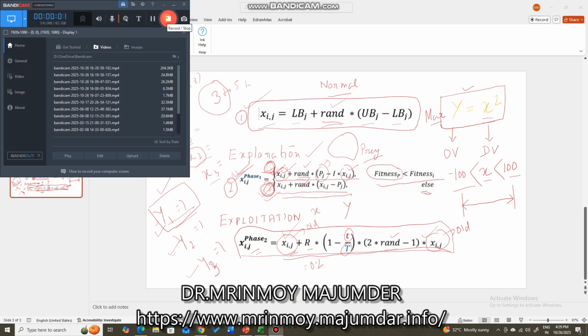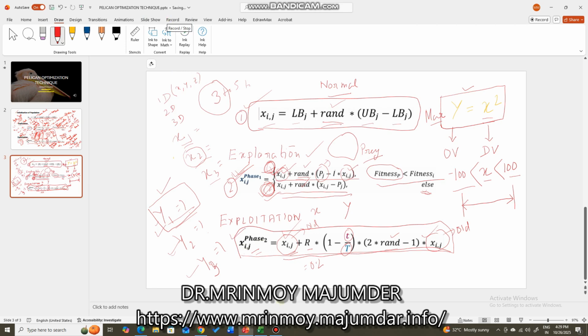Rand is the random function, all the rands are the same. So again you generate 3 new values of x, from that 3 new values of y, compare with each other, the maximum wins, because you are dealing with a maximization technique.